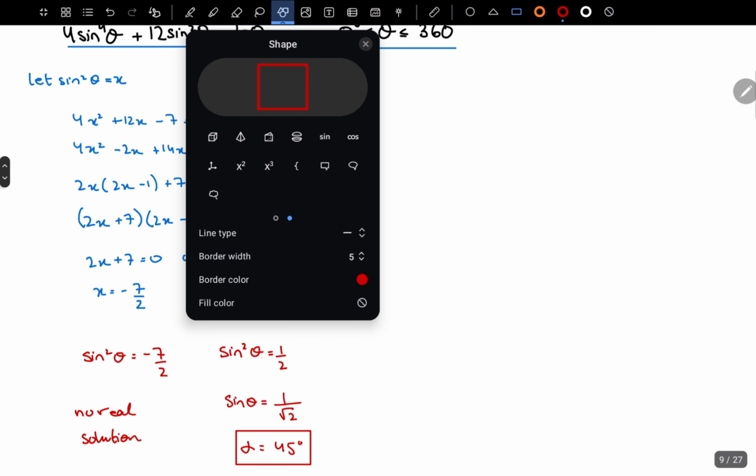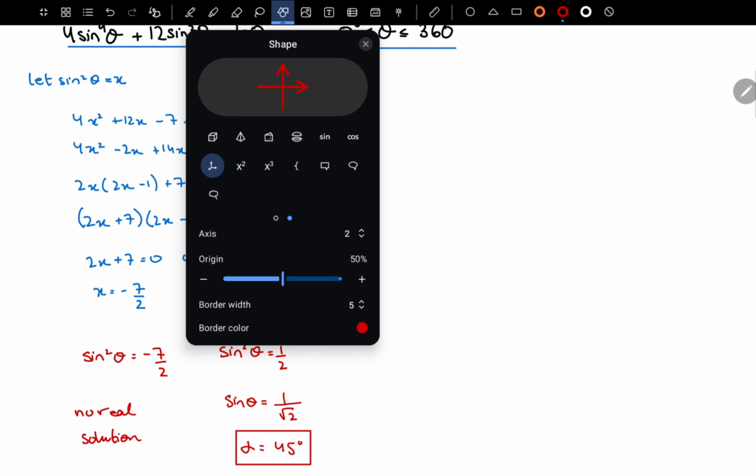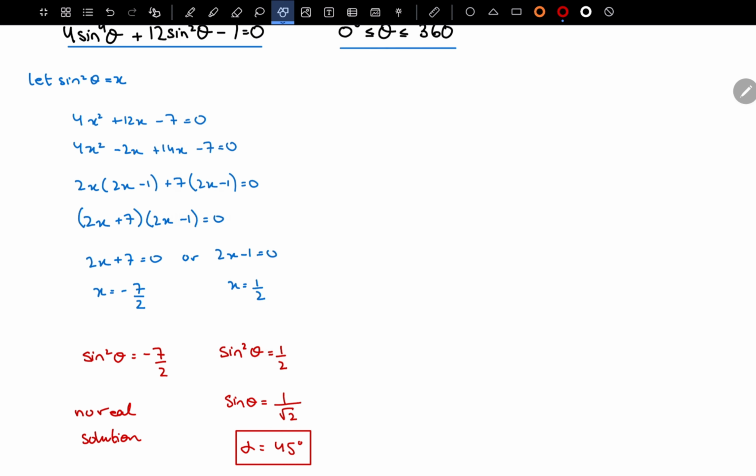We can find the final answers by drawing a graph. Just missed one thing, since we did take the square root over there, this will give us plus minus 1 upon root 2.